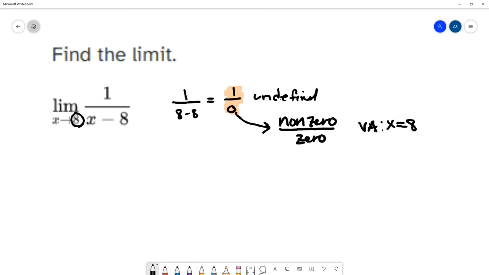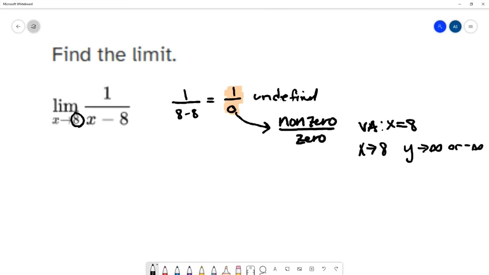Now, what does it mean exactly to have a vertical asymptote? When you have a vertical asymptote, this tells you that as x approaches that value, your y will approach infinity or negative infinity.